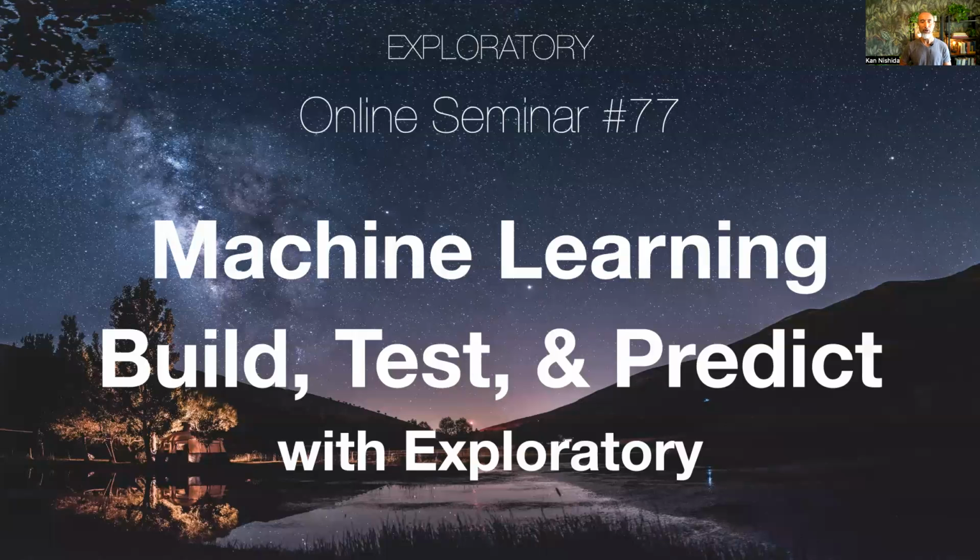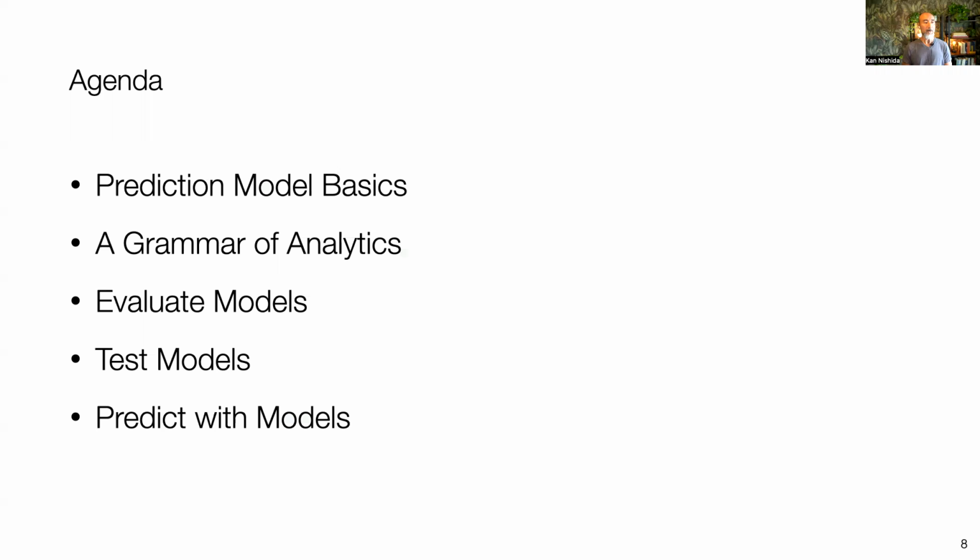Let's get started. Exploratory online seminar number 77: machine learning, build, test, and predict with Exploratory. First off, I'm going to introduce what prediction models are. Then I'm going to move on to the grammar analytics, which I did a seminar on before, but I'll briefly touch on it to show how you can understand or interpret the prediction models.